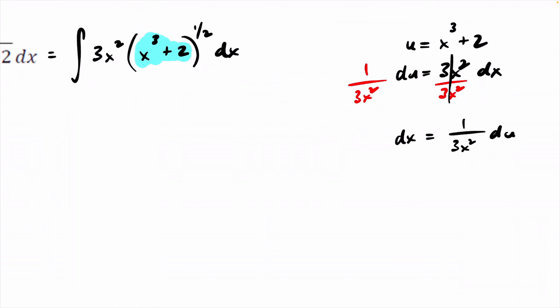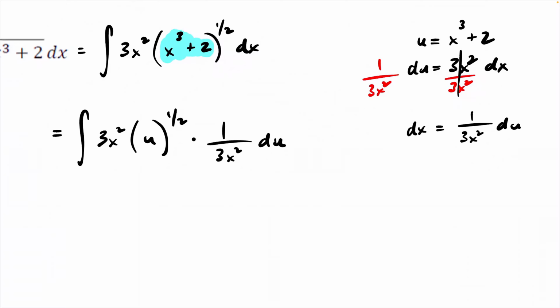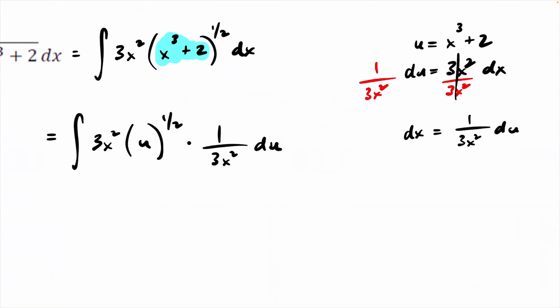Next step, substitute. I'm going to rewrite it, except whatever u was, I'm going to put u. So the highlighted part was u. And dx is 1 over 3x squared du. Now you might have x's and u's mixed together.